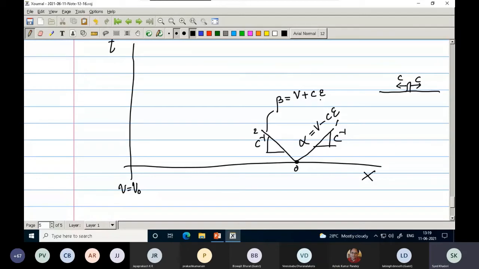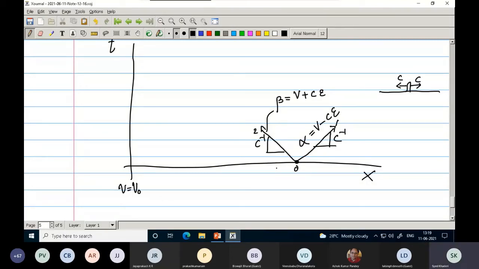Let us check for some trivial things. What I'm trying to tell you is that at each and every point in the space-time domain, there are two characteristic lines which have a slope of C inverse. Which means information is traveling from this point in either direction, and forward in time.